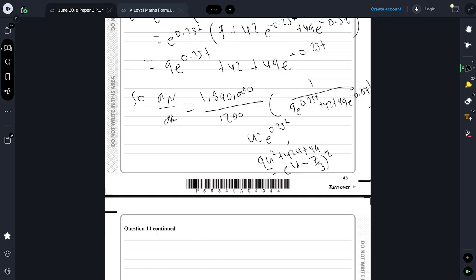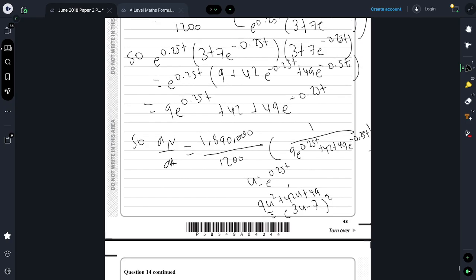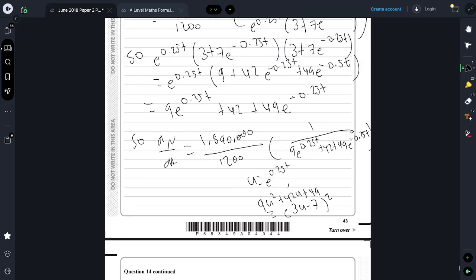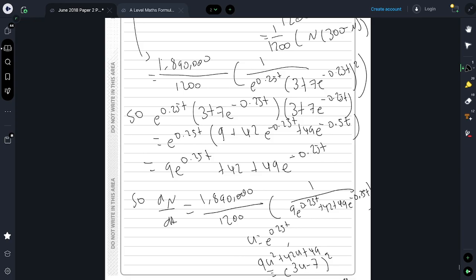That's what this factorizes into, which is the same as saying (3u plus 7) squared. But I don't think that will help us, will it?